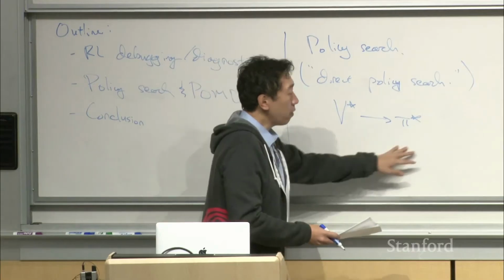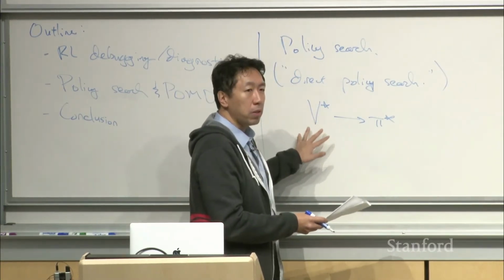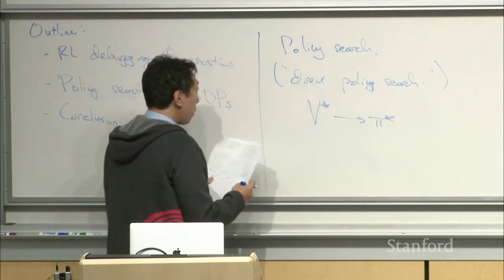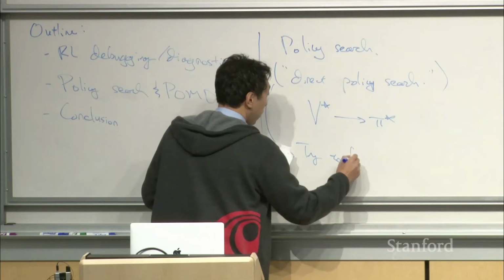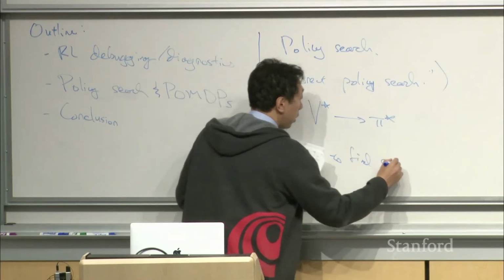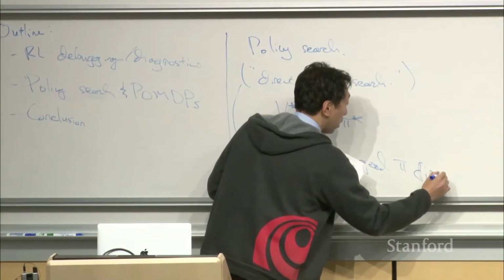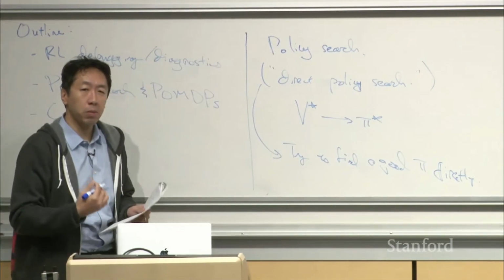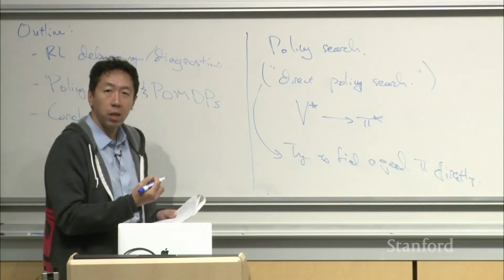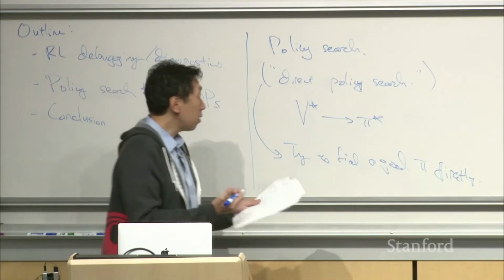So this is an indirect way of getting at a policy because we would first try to figure out what's the value function. In direct policy search, we try to find a good policy directly. Right, hence the term direct policy search, because you go straight for trying to find a good policy without the intermediate step of finding an approximation to the value function.